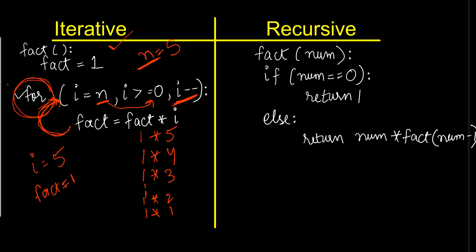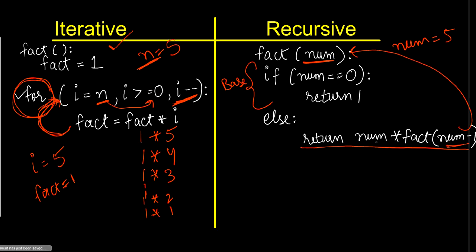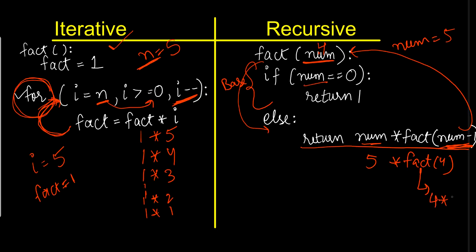Whereas factorial through recursion, we took num over here. Let's say num is equal to 5. In recursion, we give a base condition, then the function where it will call itself. Let's understand this. Num is 5, num minus 1 will be fact of 4. Then it will go for 4. For 4, it will go to the else condition as num is not equal to 0. 4 into fact of 3.